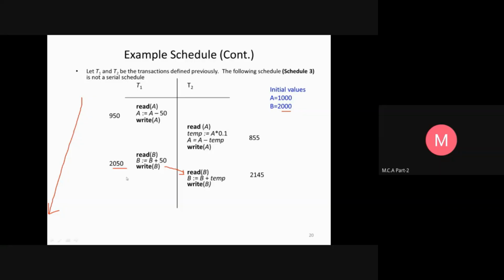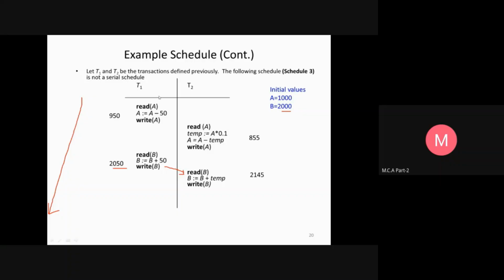Okay. If we look at it, we'll realize that consistency is there because we had looked at a particularly acceptable schedule in the previous set of slides. And we said that consistency would be there if we read A in transaction T1 from the database, and then any further reads of A or B or any other value that it is reading comes from the database itself and not from any other transaction.